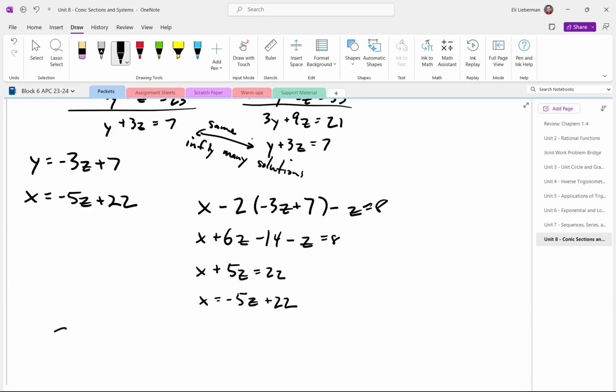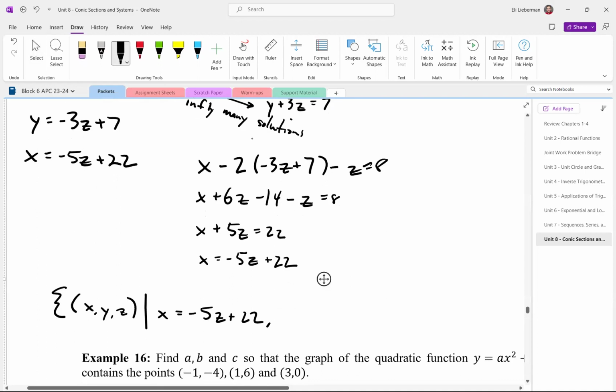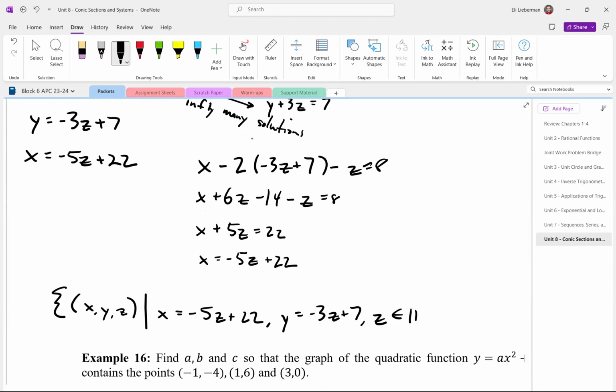Formal set notation, so all points x, y, z such that x equals negative 5z plus 22, y equals negative 3z plus 7, and z could be anything, an element of all real numbers.